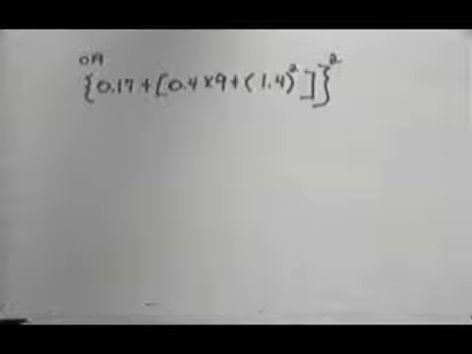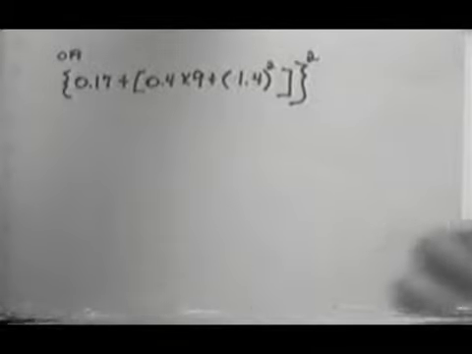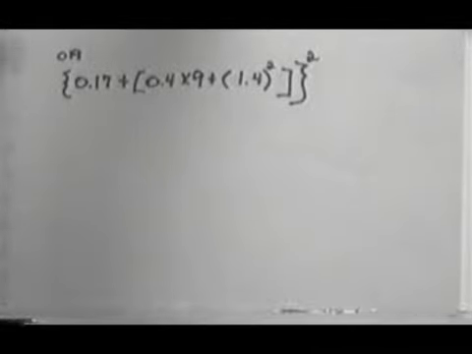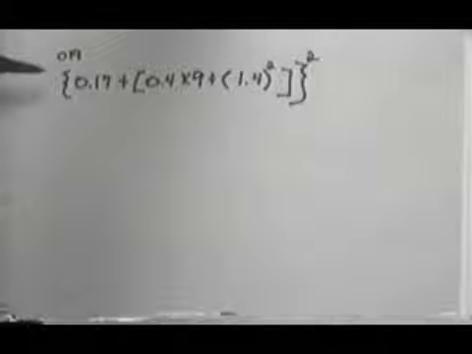Let's look at one last problem that involves parentheses, brackets, and braces, and make sure we know what to do with it. If you're copying the problem down, let me read it to you.